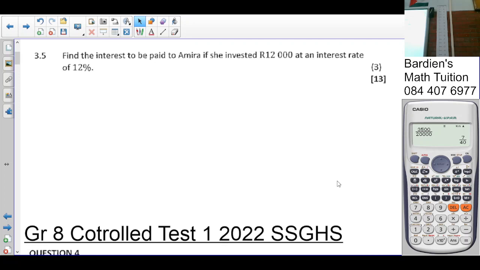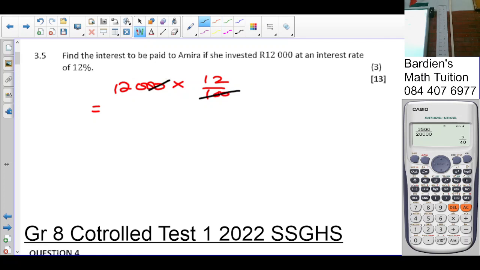In 3.5 we are told, find the interest to be paid to Amara if she invested 12,000 Rand at an interest rate of 12%. So what do we do? We say 12,000 Rand multiplied by 12 over 100. So what happens is that cancels, not so? So we have 120 multiplied by 12.